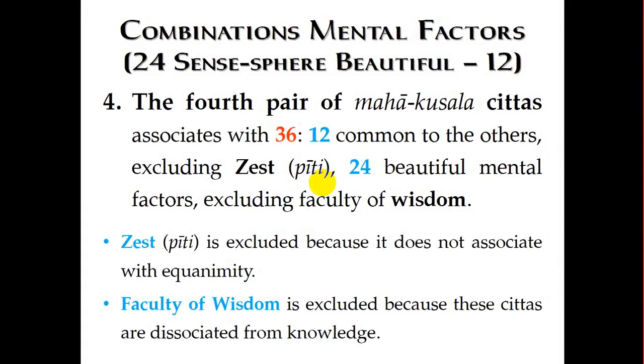When we see, the door opens: 5 door adverting, then eye consciousness, then receiving consciousness, investigation consciousness, and determining consciousness, then you experience the object fully. We call it Javana, right? And after Javana, we have 2 registrations. Actually, it's better to translate as retentive, or retention.